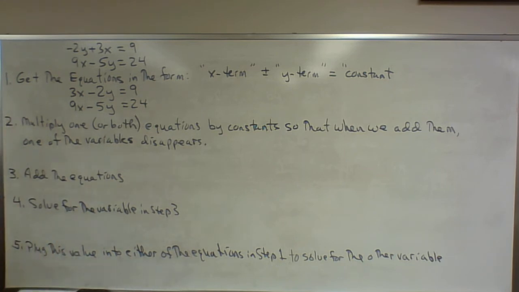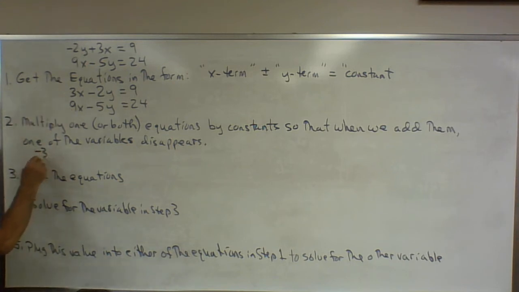The next step, multiply one or maybe both of the equations by constants so that when we add them together, one of the variables disappears. And I think I'm going to try to make x disappear. If I multiply the first equation by negative 3, that will make this negative 9x. And when I add it to positive 9x, I'll get 0. The x's will disappear.